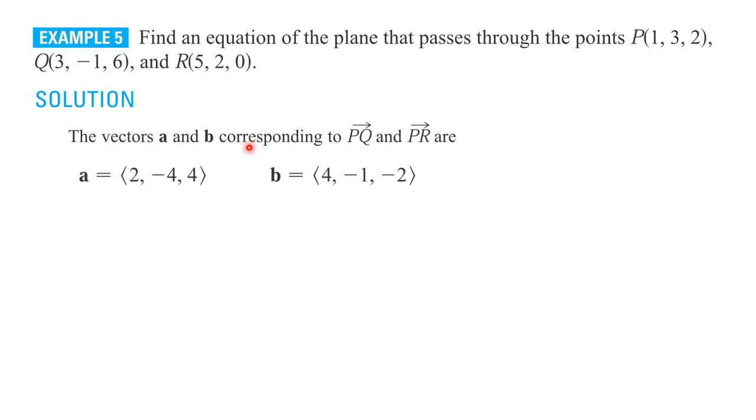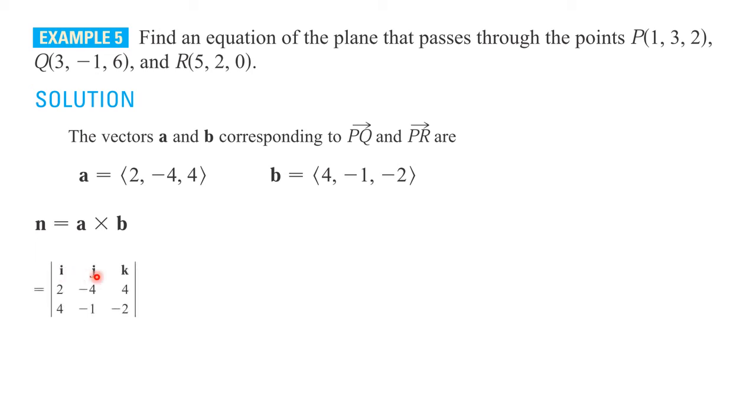First we find PQ, that is a, which is Q - P: (3 - 1, 2 - (-1), -3 - (-4)) = (6, -2, 4)? Now b, which is PR, so R - P: (5 - 1, 2 - 3, 0 - 2), that is (4, -1, -2)? Now to find the normal vector, n = a × b.